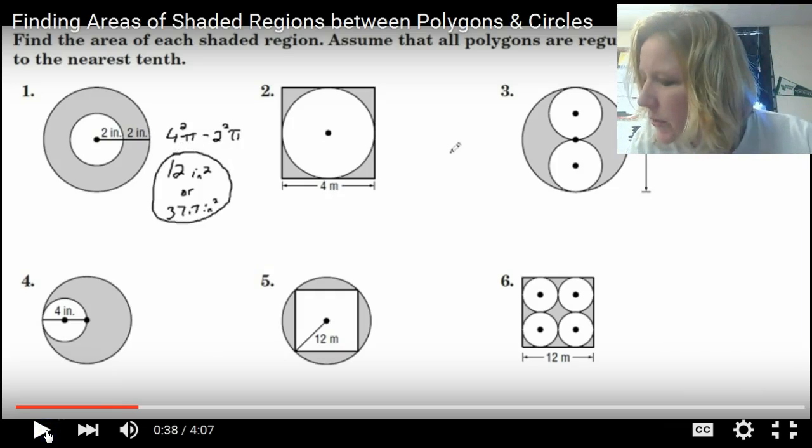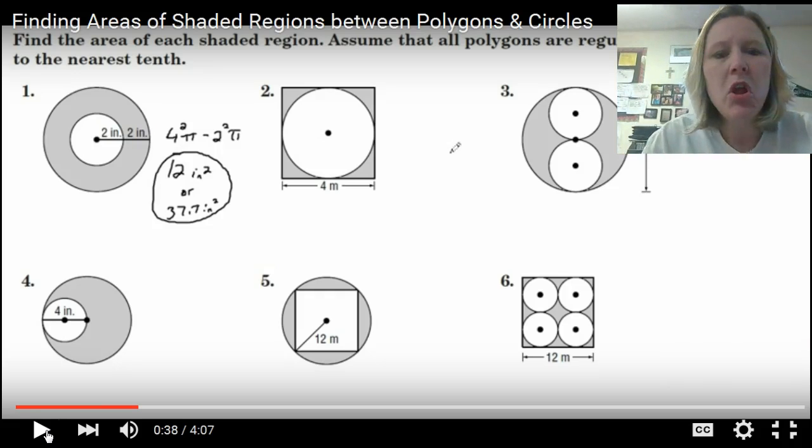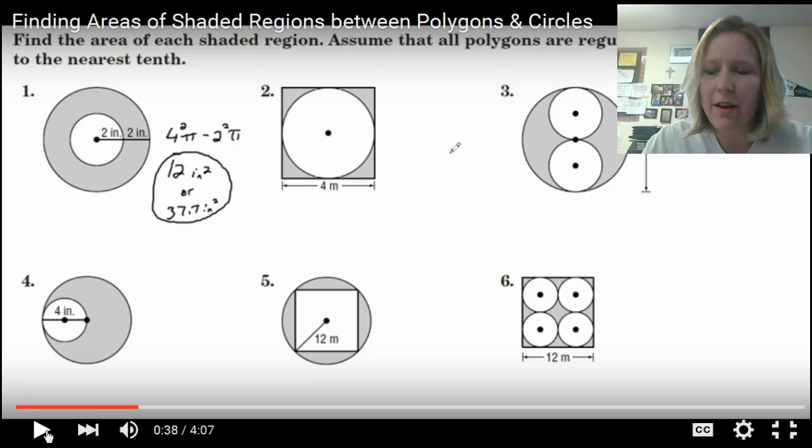I got 37.68, not 37.7, but on a test you're going to be around that. You normally are able to eliminate answers that aren't reasonable just by doing estimation. So you know you're going to be close to around 40, and your answer should be there. But let's start using 3.14 when you see those decimals, to make sure we're being more exact.